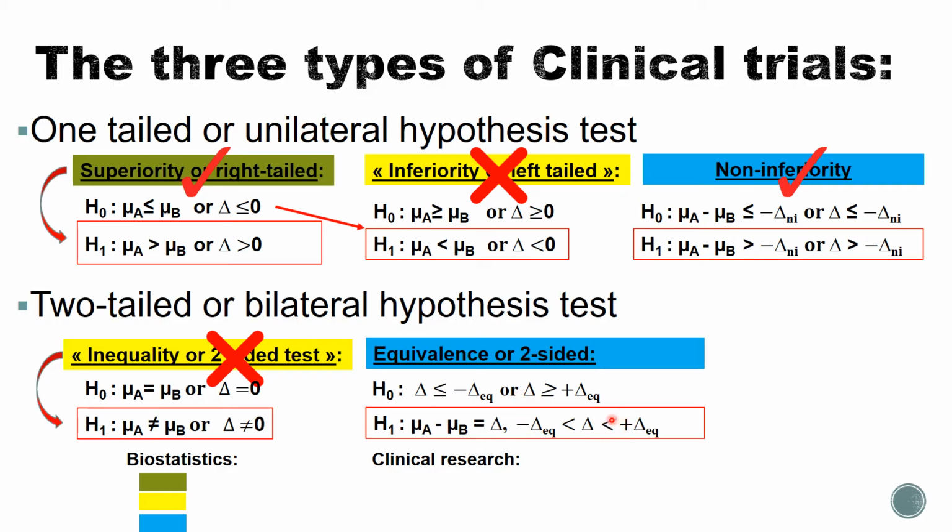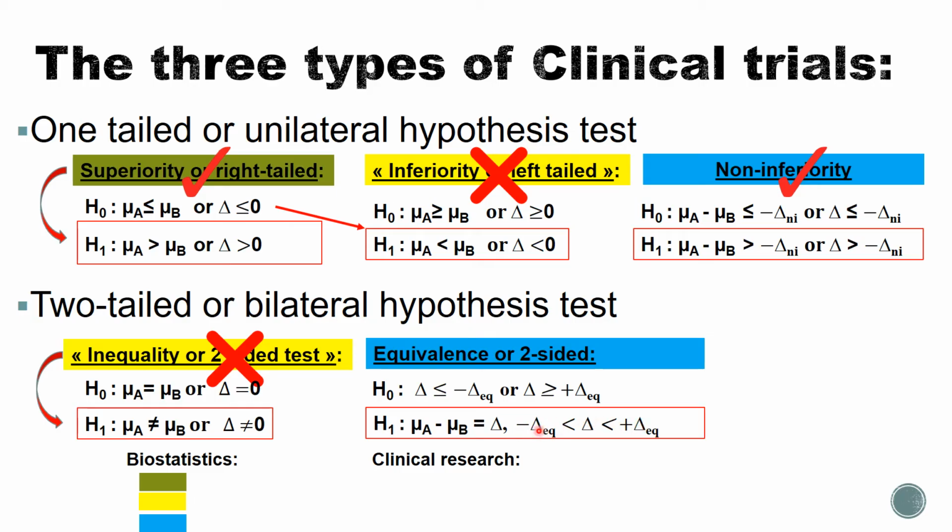If the drug's efficacy goes beyond the upper boundary of the equivalence interval, it means that the patient will not be able to come back to normal.